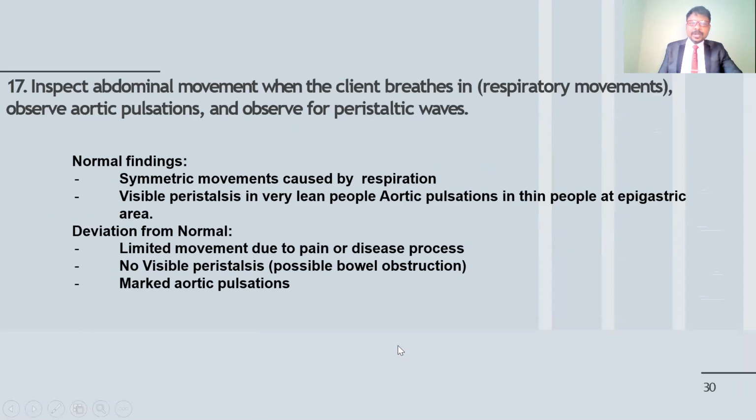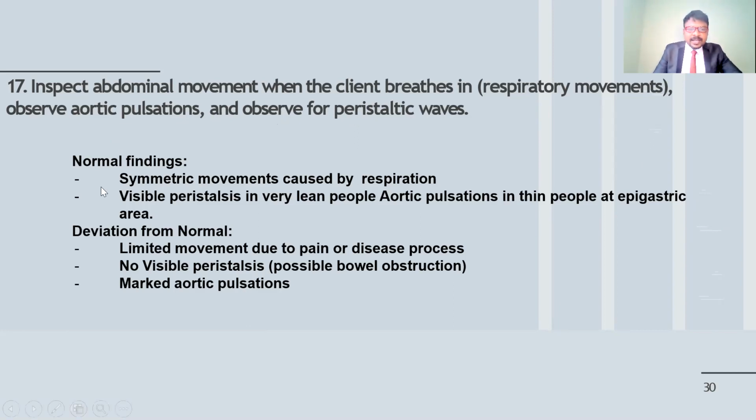Coming to inspecting the abdominal movement when the client breathes in. When they breathe in, we are going to find the normal respiratory movement, or we may also observe aortic pulsation and peristaltic waves. These are what we look for during inspection.